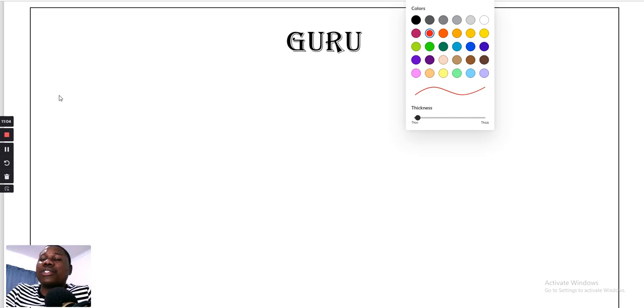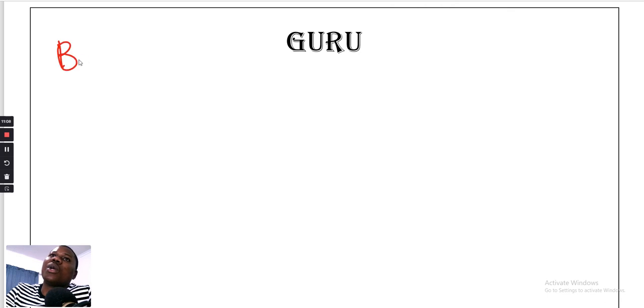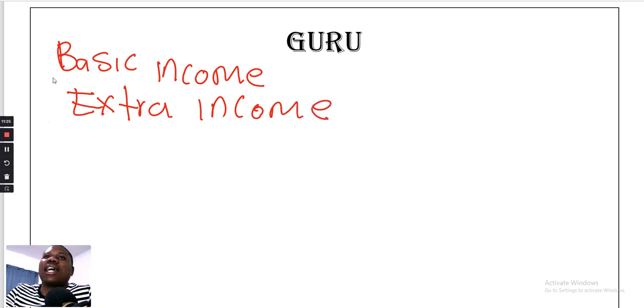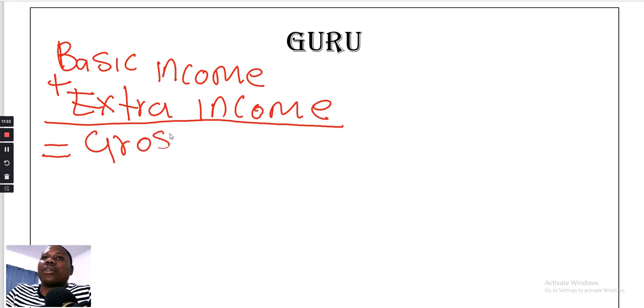For us to get to a net pay, we need to know our basic income, and next we must know our extra income. From knowing our extra income, we add these two, and they will give us a gross income.